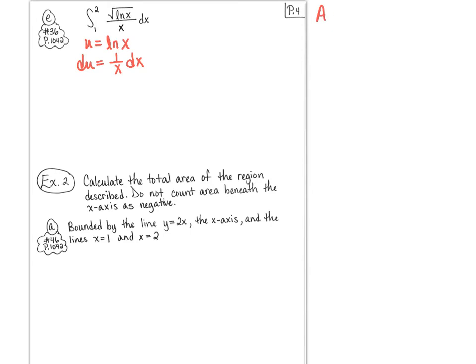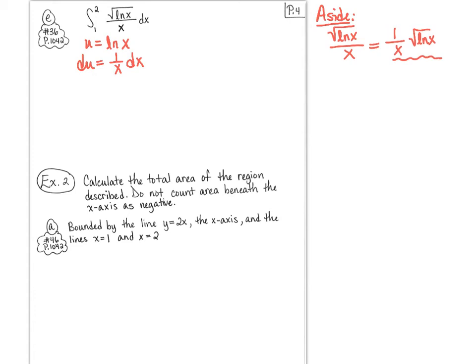So let's do an aside over here and note that the square root of the natural log of x divided by x is the same thing as 1 over x times the square root of the natural log of x. So now you may be able to see a little bit more that if you rewrite your integrand like that, you'll have your 1 over x dx there.